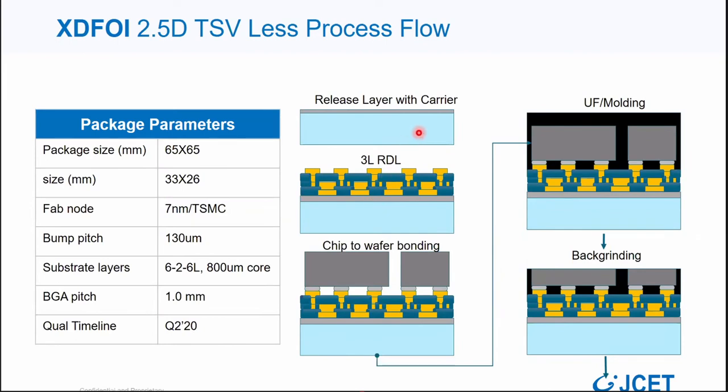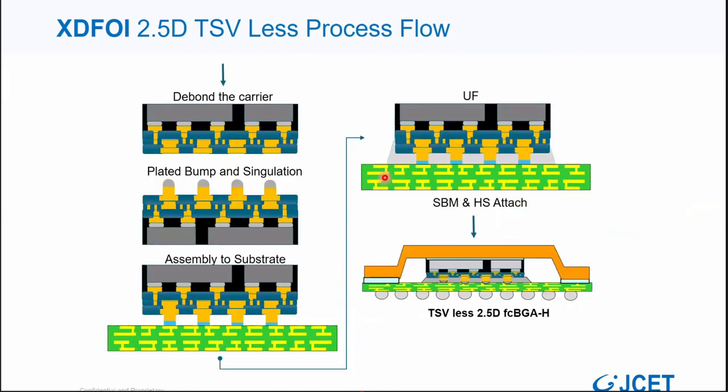Basically, it's a conventional glass carrier with a release layer. We build 3 layers of RDL, and after that we attach the chip, flip chip on the micropad, and after that we apply the molding. Then we do the debond and do the backgrinding. Backgrinding can be done either before or after the C4 bumping.